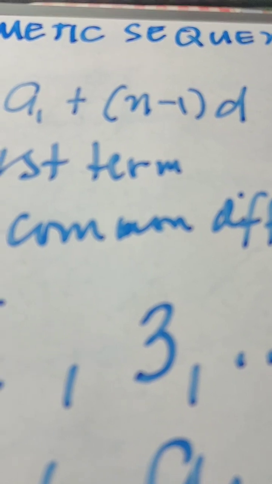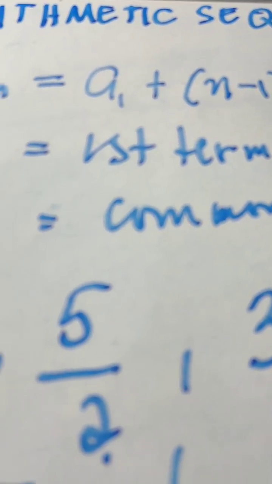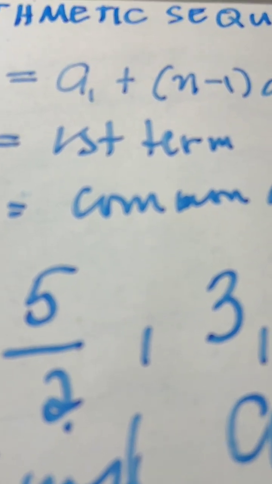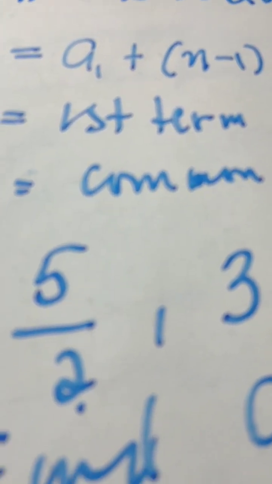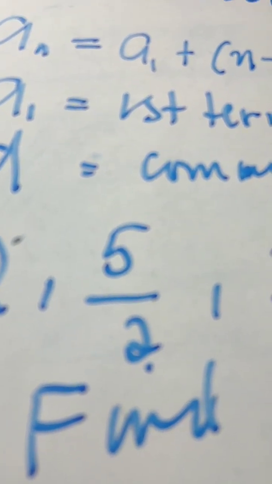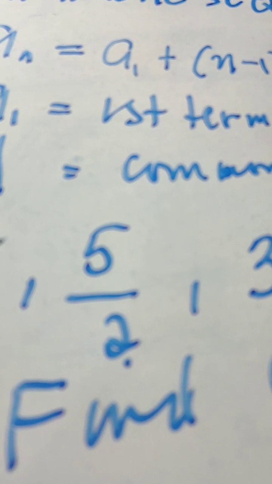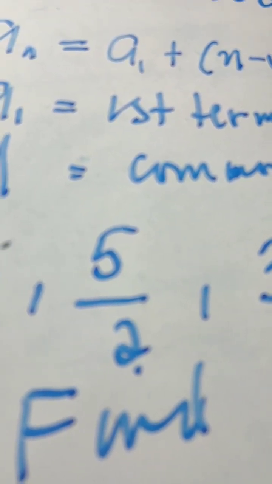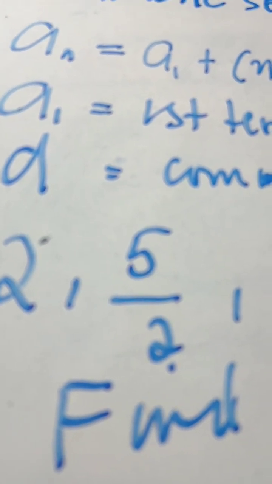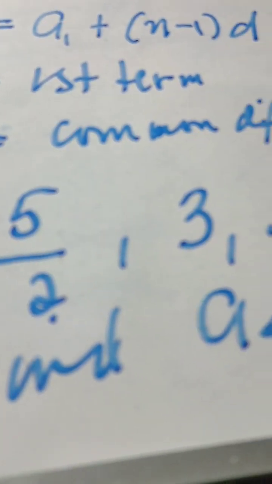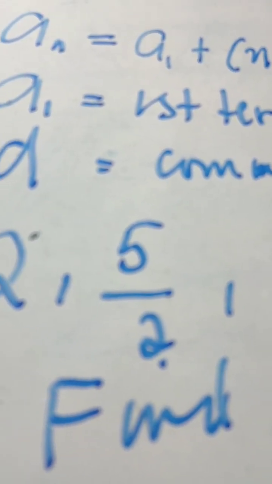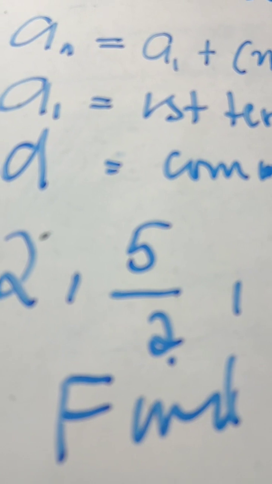Take note on how to determine if the given sequence is an arithmetic sequence. What will you do? Find the common difference on the first row, so that when you are able to determine that the first row has the common difference, then you can immediately say that it is an arithmetic sequence.